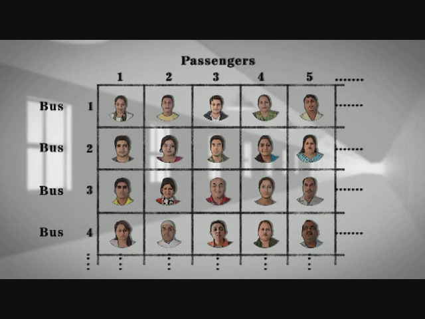We now need to devise a scheme for assigning rooms so that everyone gets one. To assign rooms to everyone, if we zigzag through the diagram in this way, everyone will get covered at some point. So if our clerk starts with passenger 1 on bus 1 and gives her the first room, then second and third rooms go to passenger 2 on bus 1 followed by passenger 1 on bus 2.